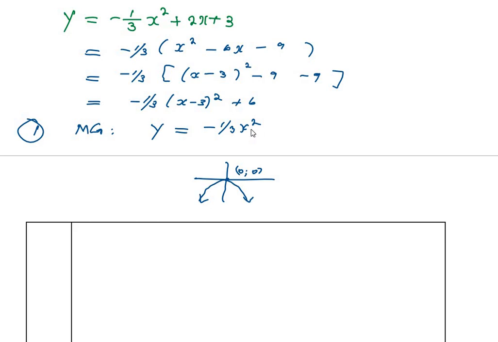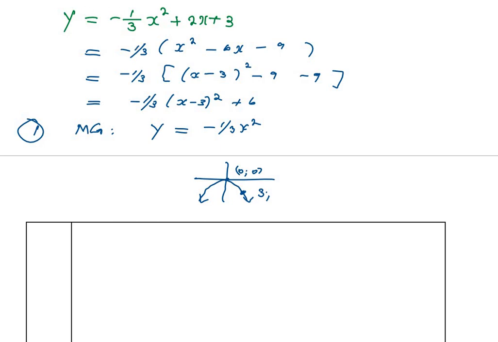We can use 3. 3 gives 9. And a third of 9 is 3. So it looks like it's going to be 3, minus 3. Just always make sure that this is correct with your calculators and so on, because otherwise everything is going to be wrong now.